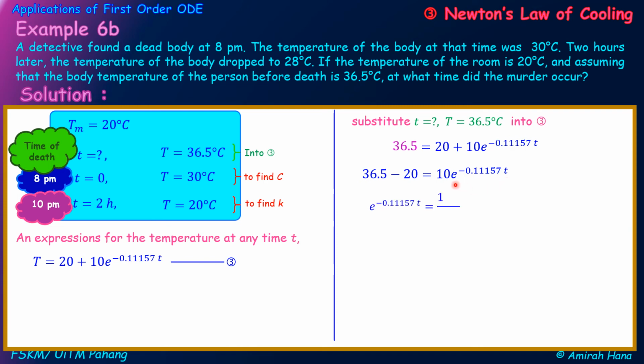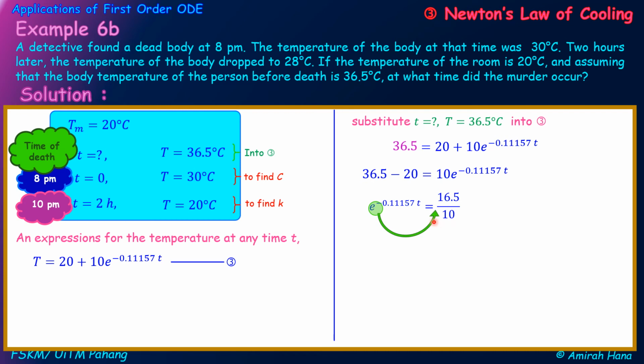Then we have e to the power of negative 0.11157 t equals 36.5 minus 20 equals 16.5, and then the times 10 moves to the left hand side, so we get over 10, right? Right now, we want to write t as the subject because we want to find t. And t here is in the exponent. So we need to move e to the right hand side.